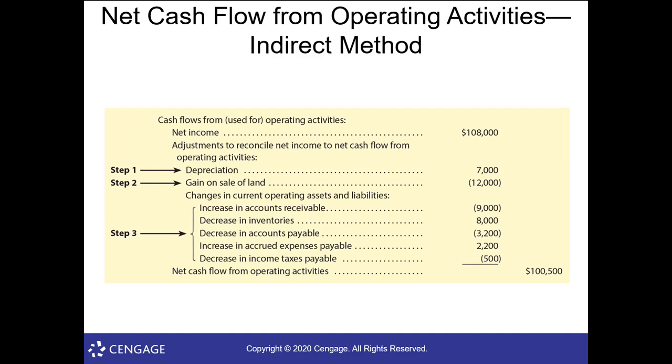Accounts receivable went up, as I indicated. An increase in accounts receivable is a negative cash. Inventory went down, $8,000. That's positive. The accounts payable, the accrued expenses payable, and the income taxes payable are all going to have a direct relationship. So a decrease in accounts payable, $3,200, decreases cash because you're paying more of your accounts payable.